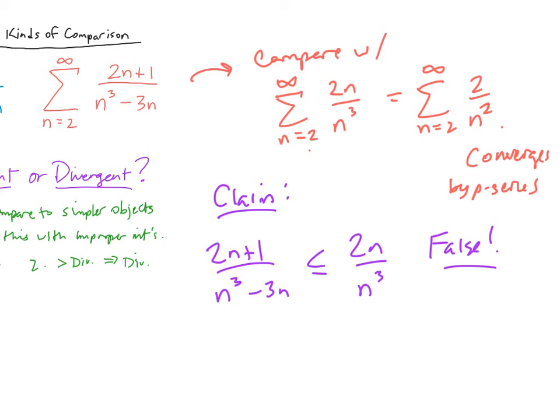I can do this problem, and in fact, I could do it using a basic comparison, but I would have to get really creative with how I put together this comparison series here. I mean, I could probably do it by doing something like, and I'm just sort of spitballing here, I could perhaps make this a 3n, or maybe a 4n, so that this would always be smaller than 4n.